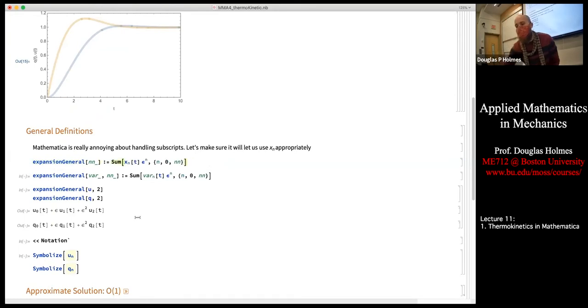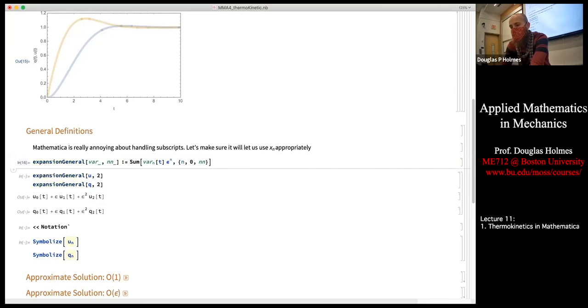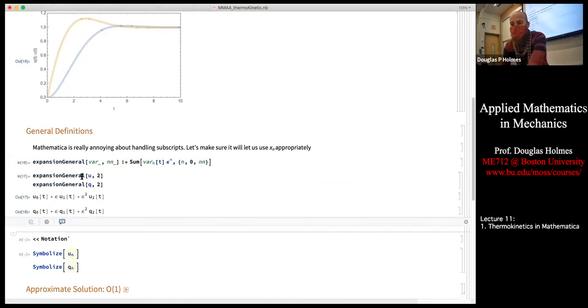And all I did was say, if we replace x here with some temporary placeholder, I'll call it bar, for my variable, and I add that as part of the function that I send to expansion general, then look what I can do. I can immediately use the same function to generate my expansion for my two variables.